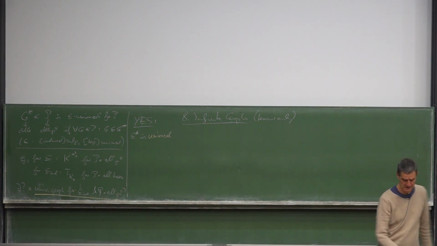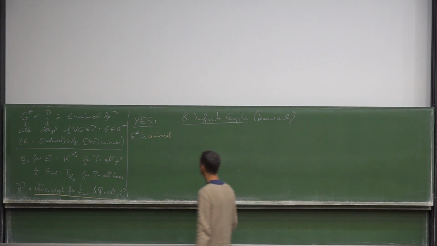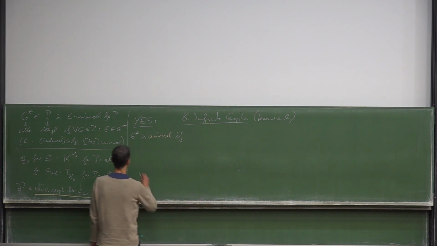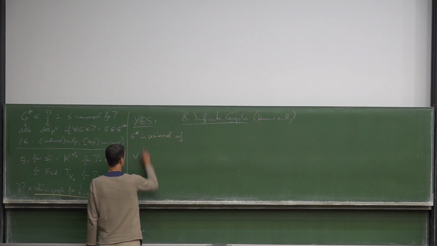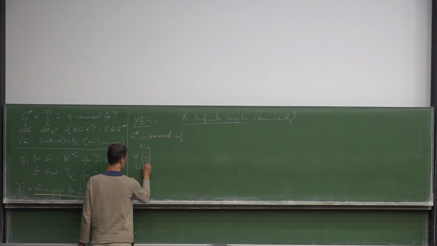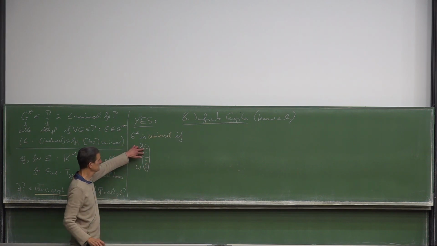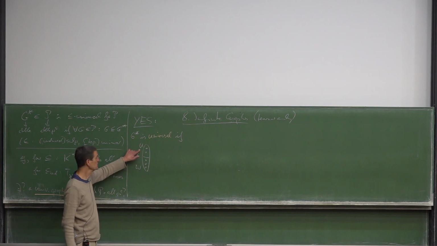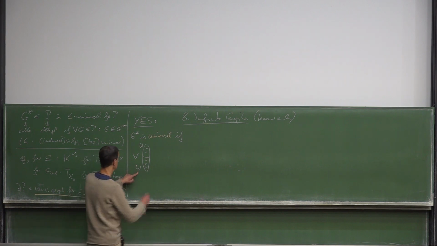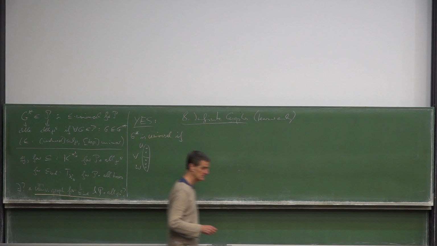And here's the sufficient condition. If you pick a finite set of vertices, call it U in this graph, and you pick another disjoint finite set of vertices, call it W, then let me make this yellow.